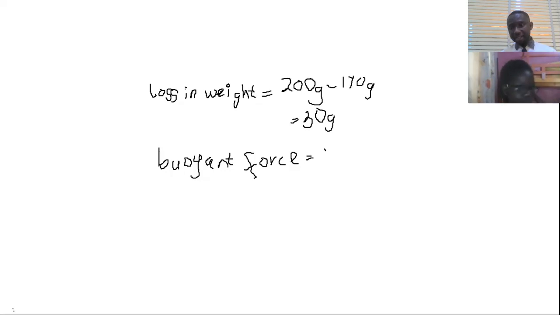So you have to convert it to newtons. 0.3 newton. Are you sure of that? Yes. Okay. Remember, force is equal to mass times acceleration.